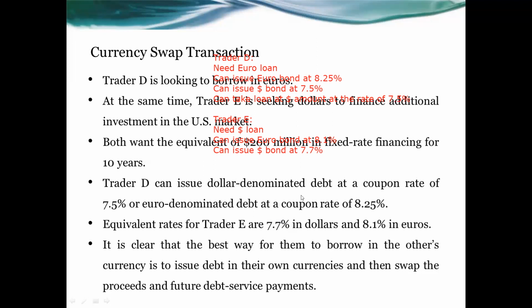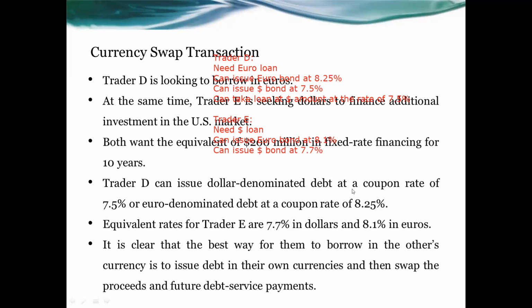Now, normally if you look at these two scenarios isolated, trader D alone and trader E alone, we couldn't see it. But if you look at the two scenarios together, trader D can issue the loan amount at a low 7.5% interest rate. But trader D doesn't need dollars.